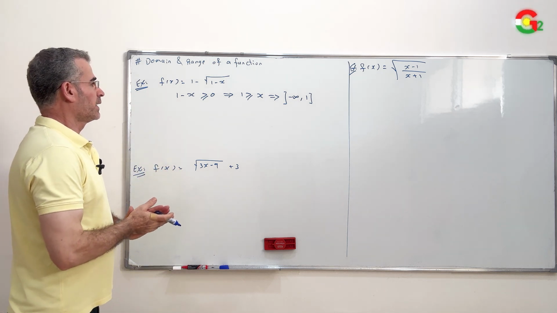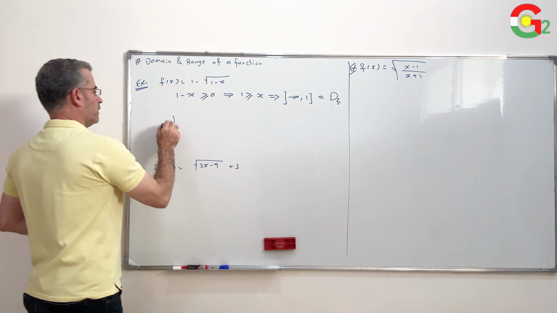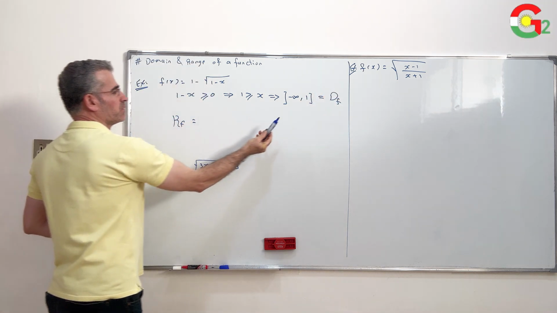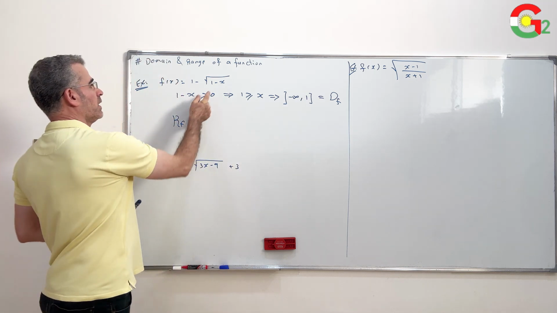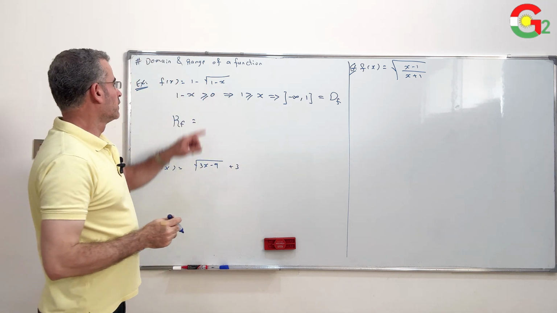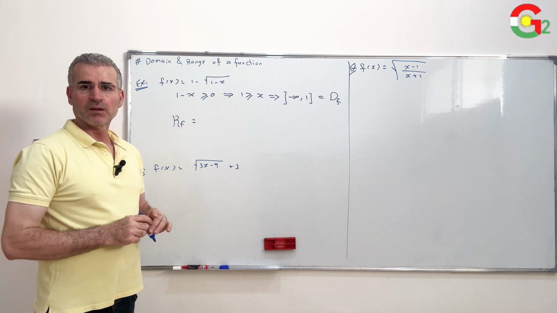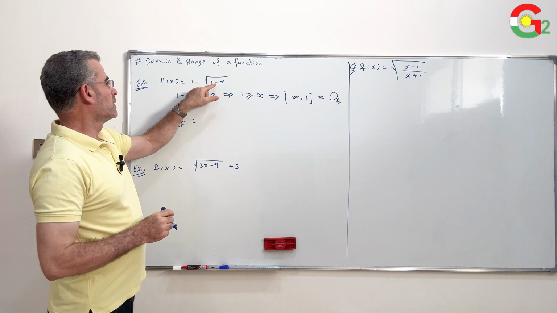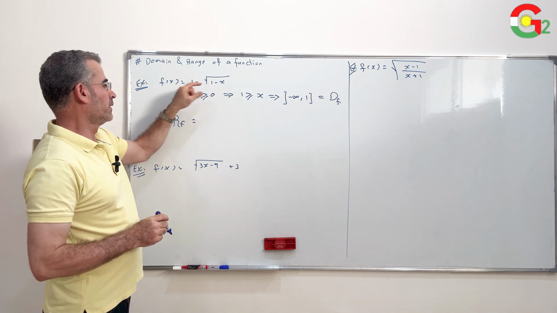For the range, this is the domain. The range of f, I substitute 1 in the function. 1 minus 1 is 0. 1 minus 0 is 1.